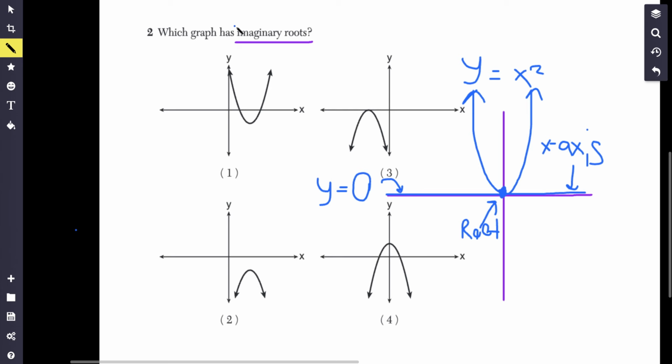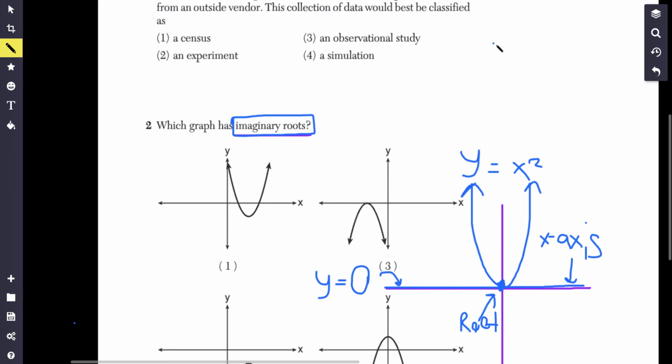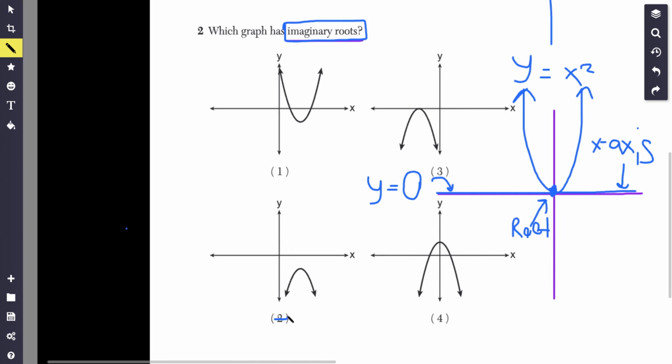Now, imaginary roots are when there's no real solution. In order for a polynomial to have imaginary roots, it does not touch this x-axis right over here. So the only answer that matches up with this is answer choice number 2.